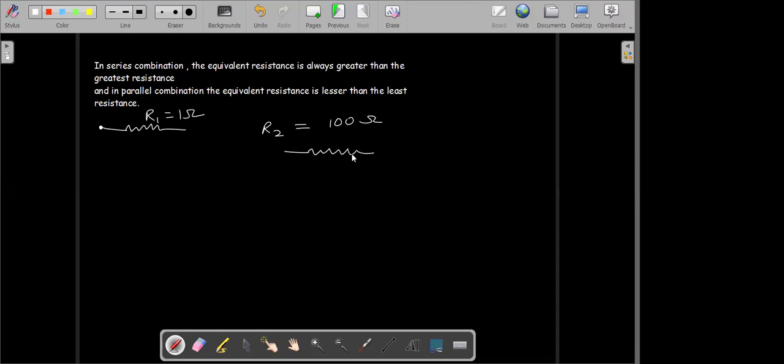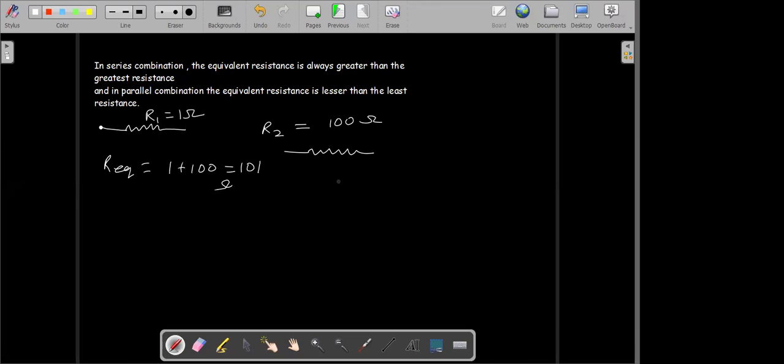If I combine them in series, my equivalent resistance will be R equivalent equals 1 plus 100, which is 101 ohm. So this is greater than the greatest. It is greater than 100 ohm.